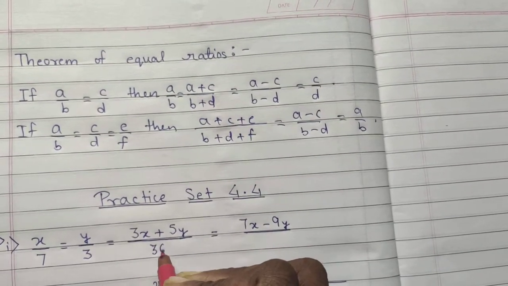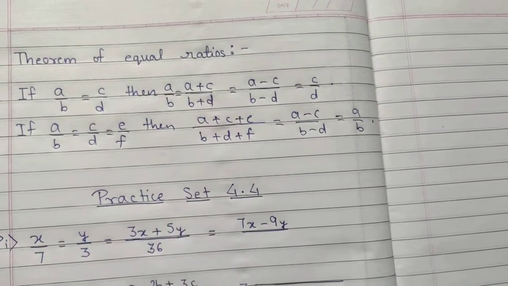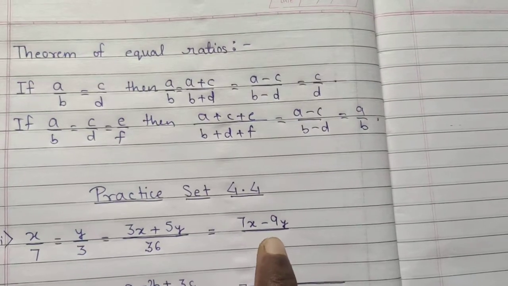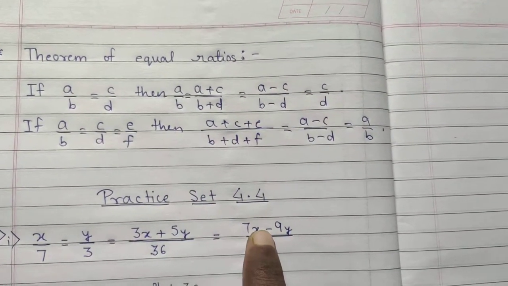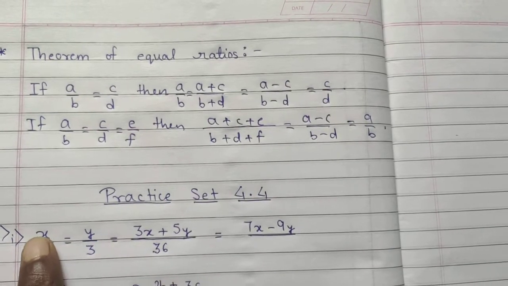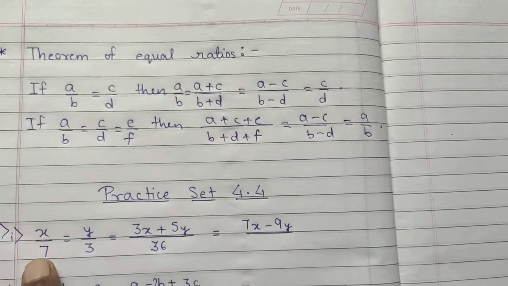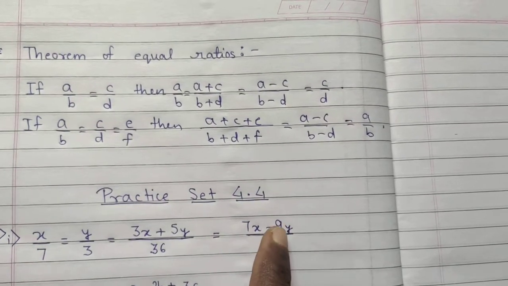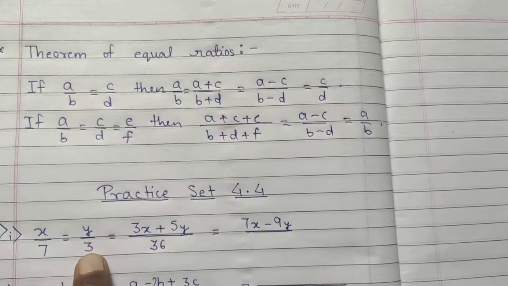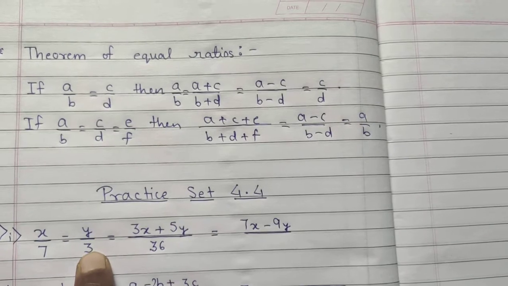Same way for this one, we have 7x. Here we have multiplied by 7, so here also: 7 times 7 is 49, minus 9 times of this, so 9 times 3 is 27.